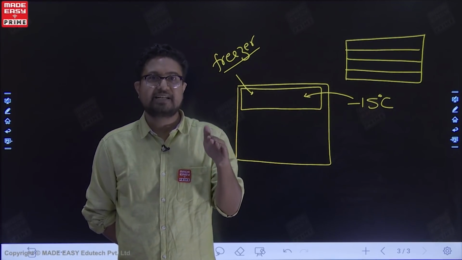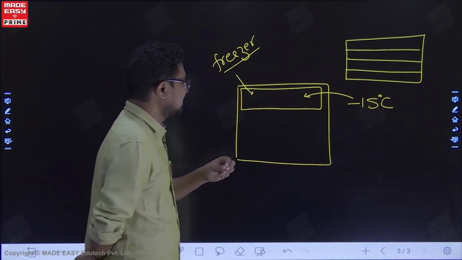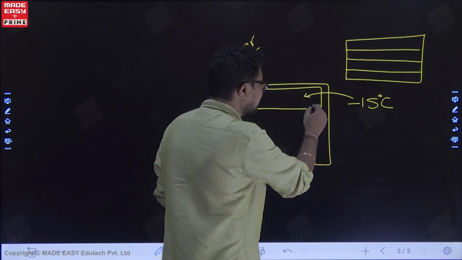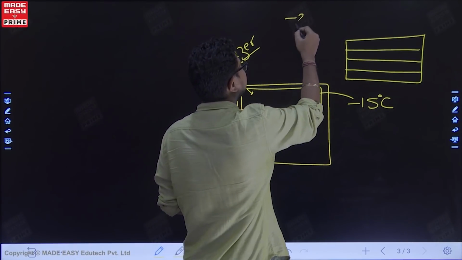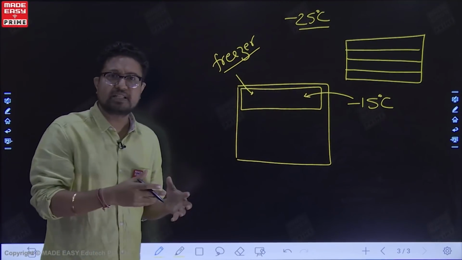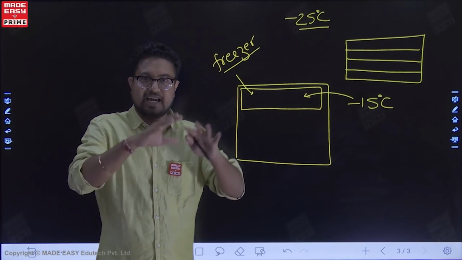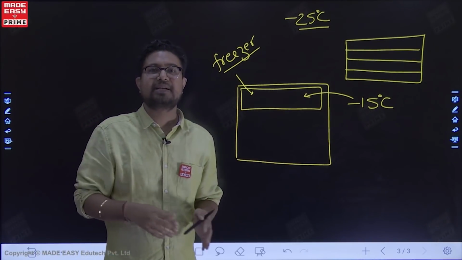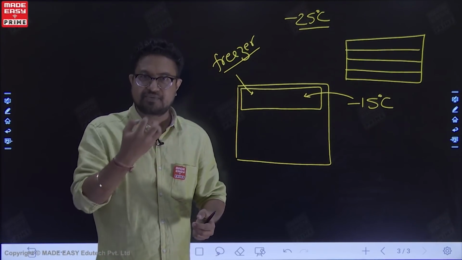So let us say the refrigerant flows from here at minus 25 degrees Celsius. Why lower than this? Because refrigerant at minus 25 can make a space at minus 15 and continuously absorb heat from that space.